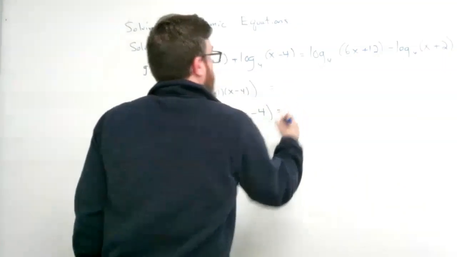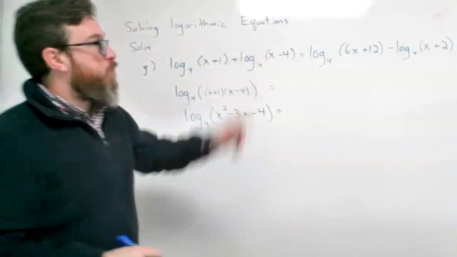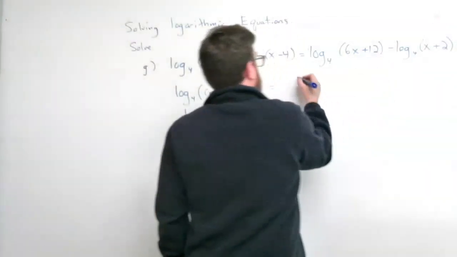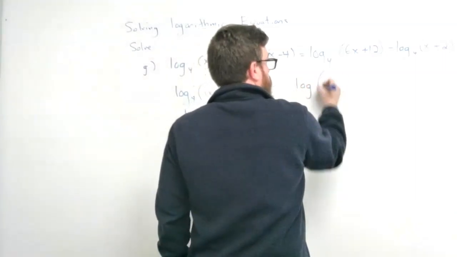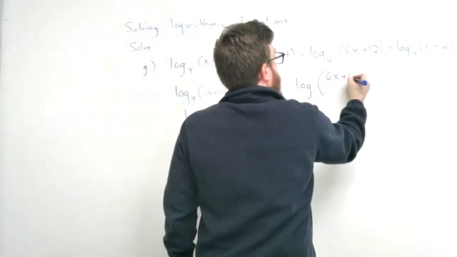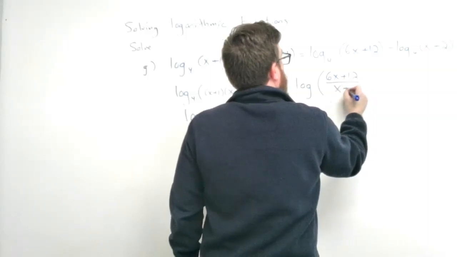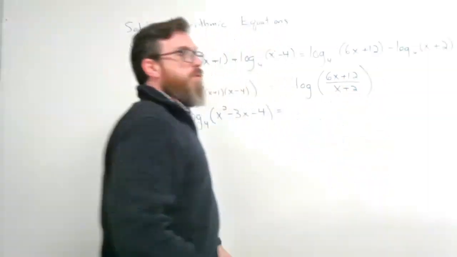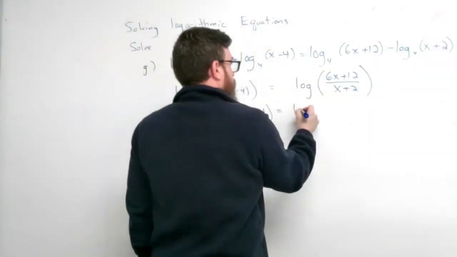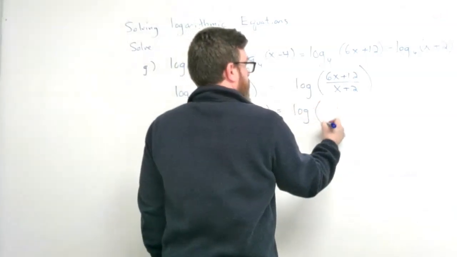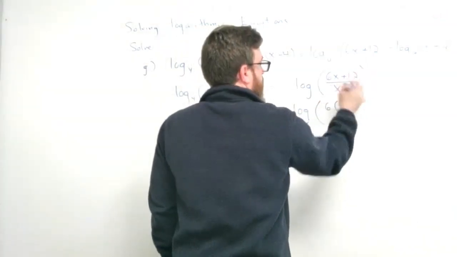And over here we have subtraction, so this is going to be the logarithm of their quotient. This is 6x plus 12 all over x plus 2. And if you notice, 6x plus 12 has a common factor of 6.